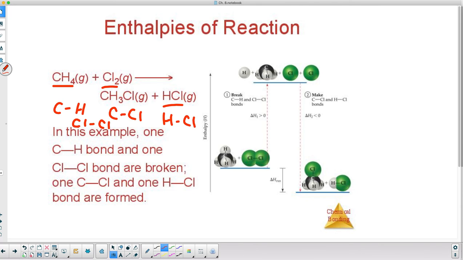We're breaking a CH bond and a Cl-Cl bond, and then a CCl bond and an HCl bond are formed. And then we take a look at the difference. This right here is when we add up the bonds broken and subtract them from the bonds formed, and then we get the difference in the heat of the system. And we'll go over examples of that.